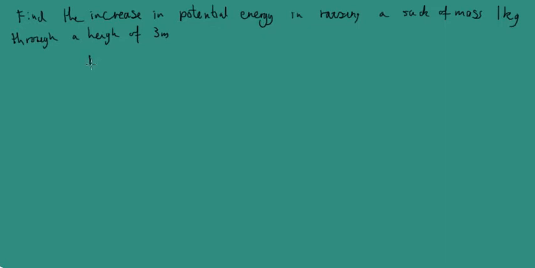So the increase in potential energy is going to be the mass times g times the height. So it's 1 times 10 times 3, which is going to be 30 joules.